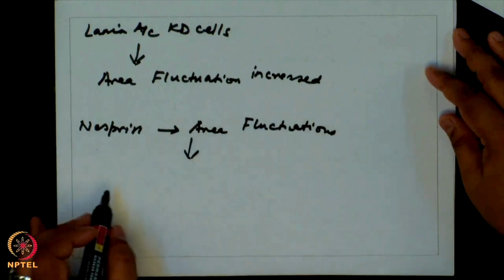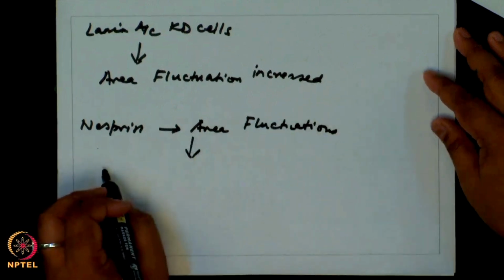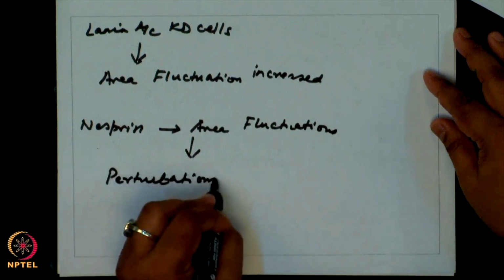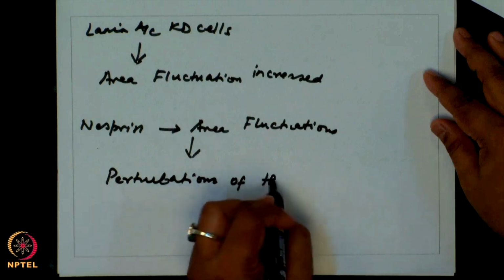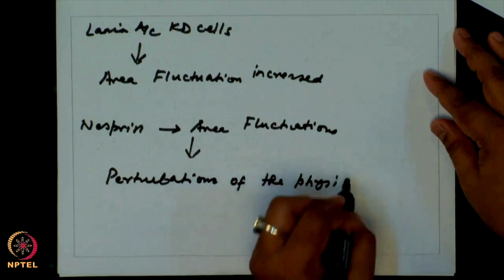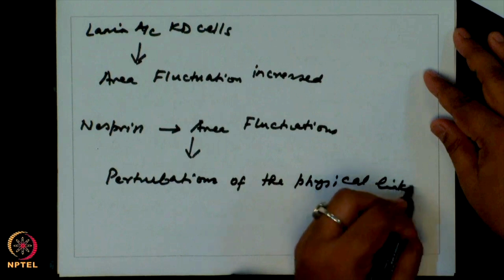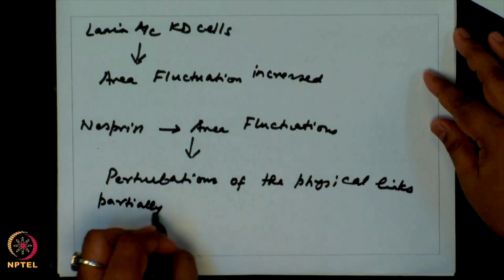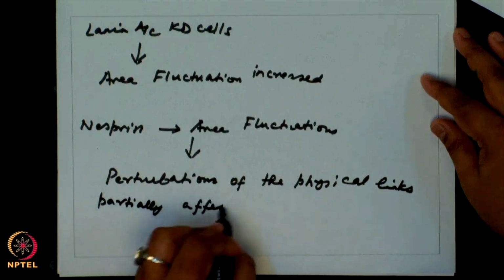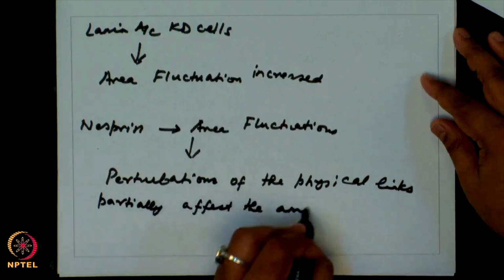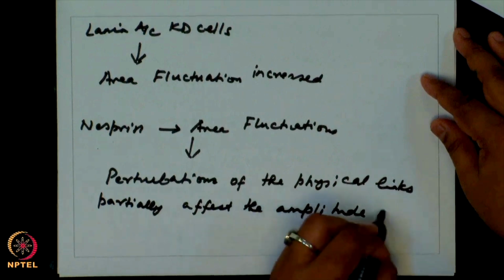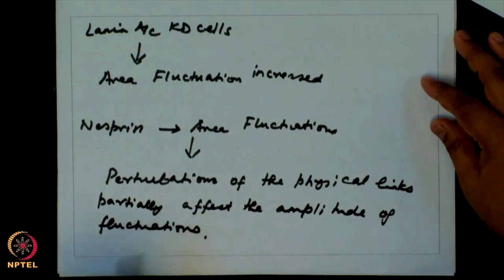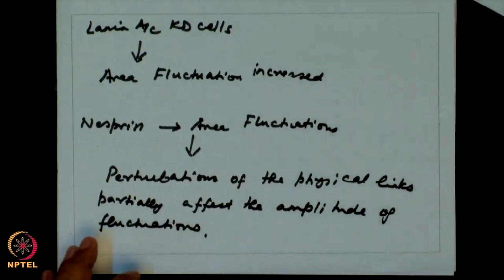Based on this, they concluded that perturbations of the physical links partially affect the amplitude of fluctuations, because even when they perturbed actin, it dropped, but it did not go away.